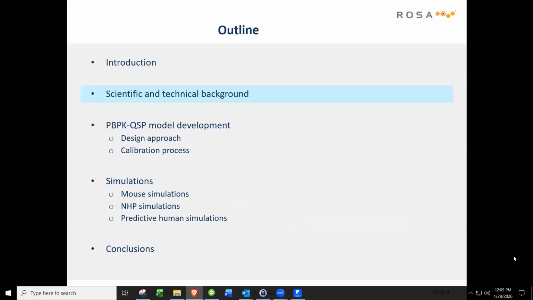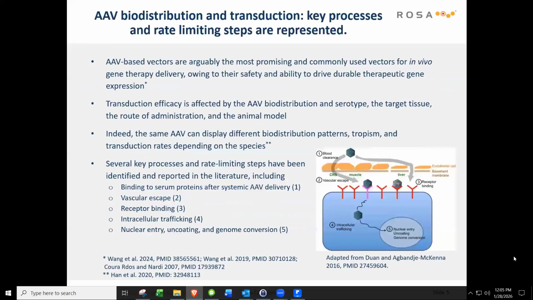Now, we'll show a brief scientific and technical background. We'll start with the scientific. We can say that we analyze with this research about AAV biodistribution and transduction. We try to define the key processes and rate limiting steps of these processes.